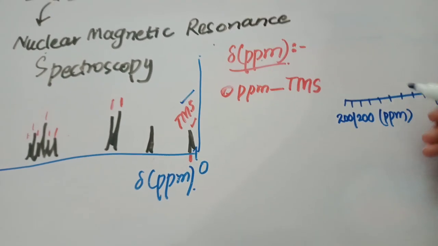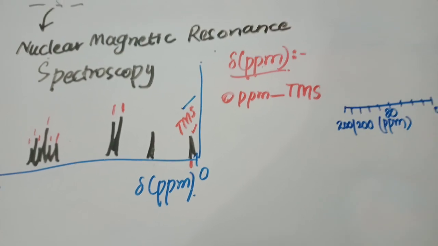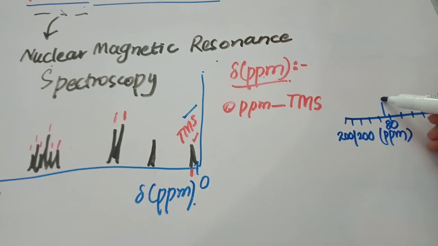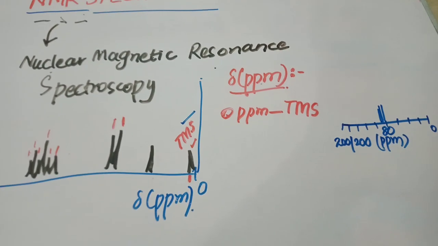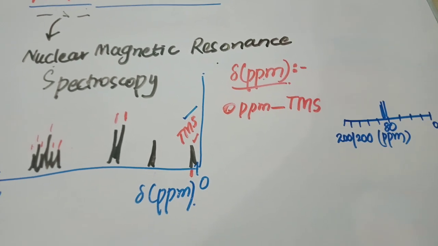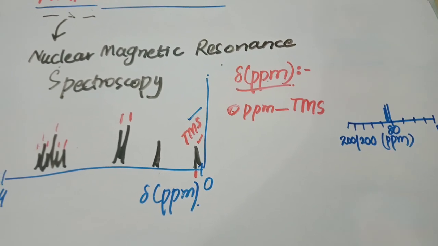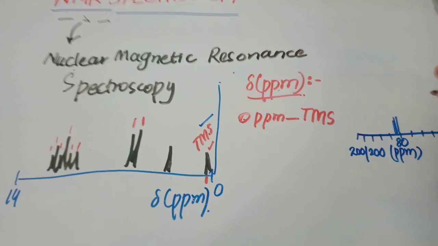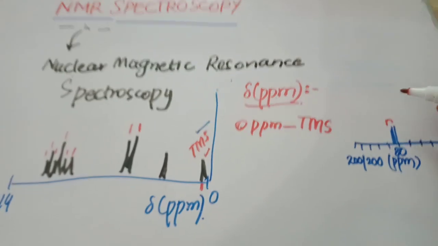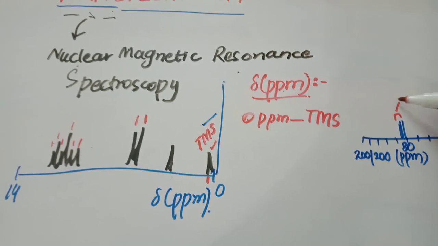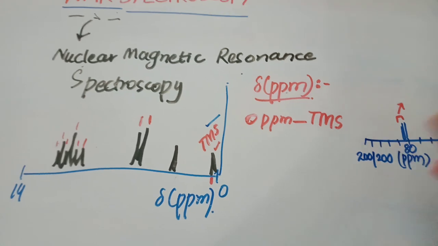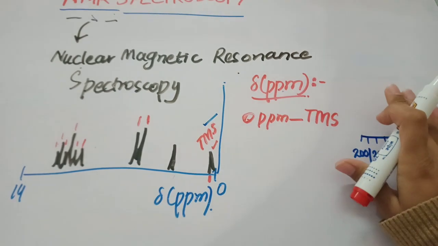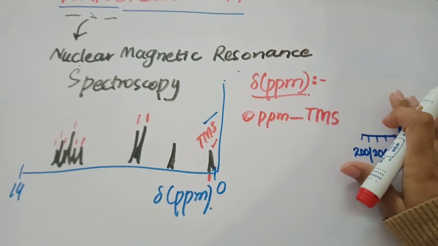The peak which will be present at 80 will be the peak of the solvent. It will be present in the form of 3 lines. So you have to neglect those 3 lines. This peak is of the solvent, so it is also not of your use. So you will have to consider it as if it is nothing.